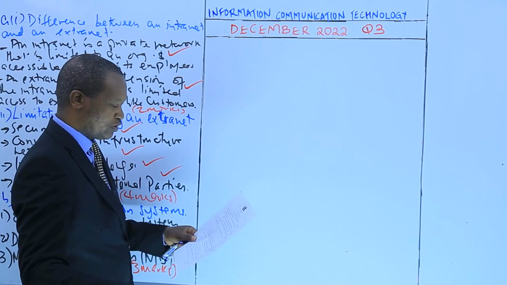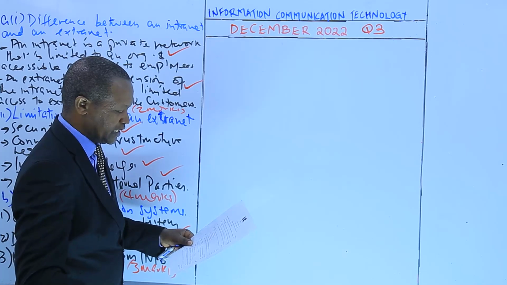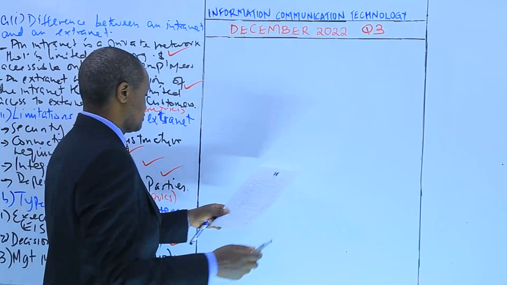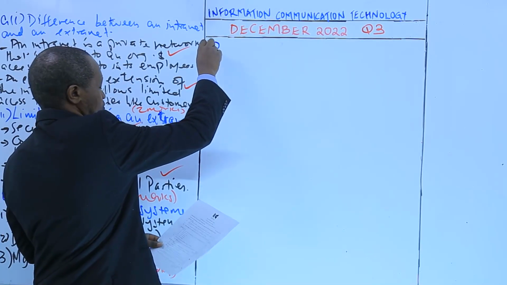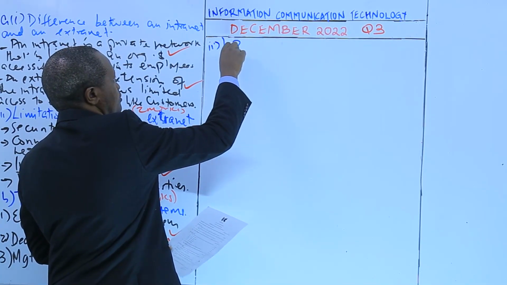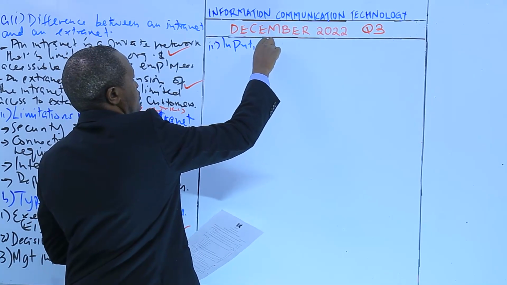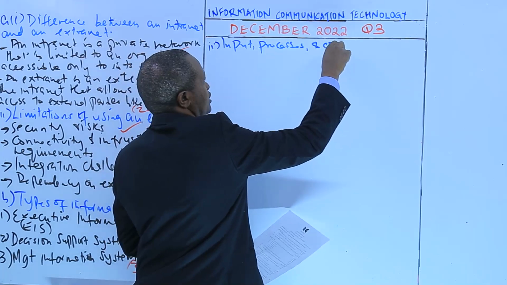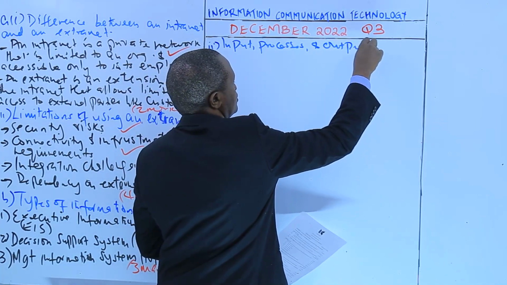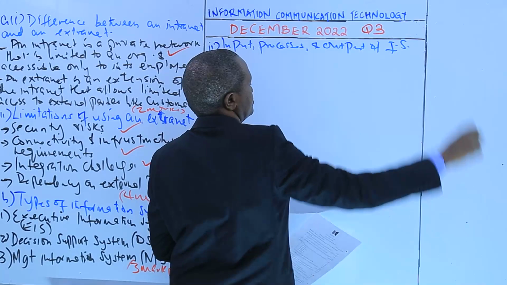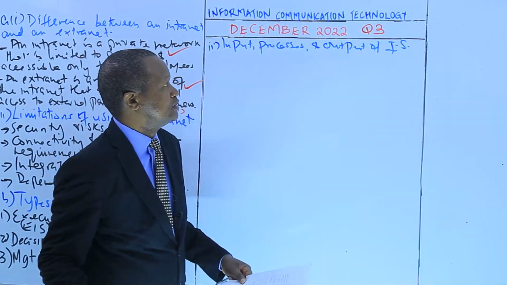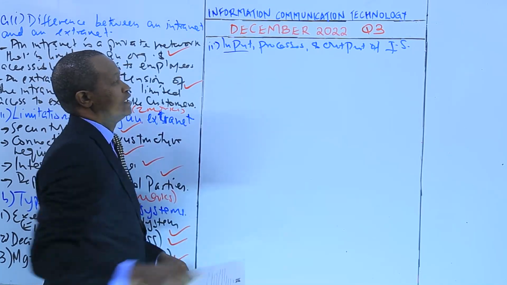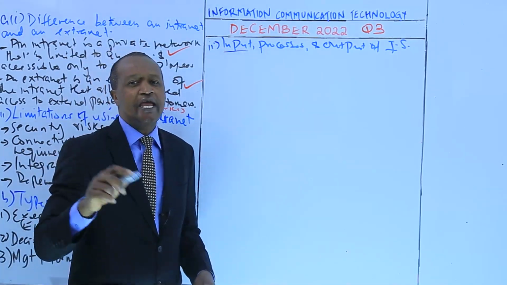State the input, processes, and output of information systems. Let's begin with the input.